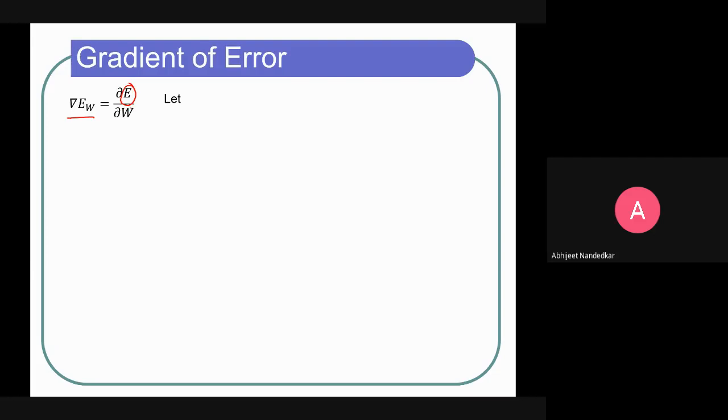We want to minimize the error by controlling the parameters W. W is the controlling parameter which your algorithm will change to reduce the error.